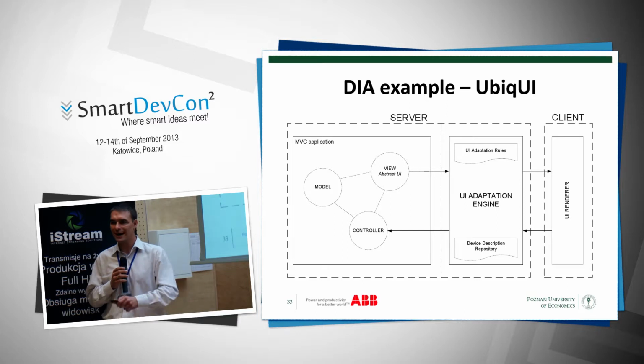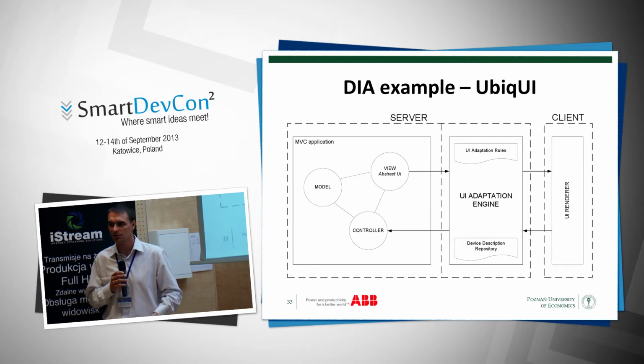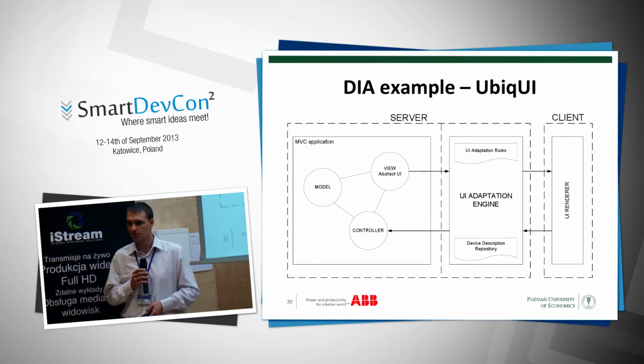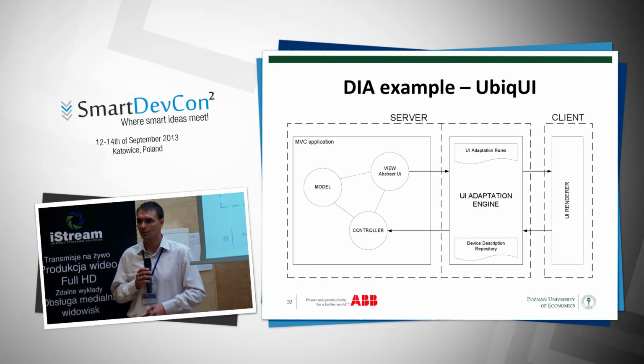You have to either ask the device directly, or you have to constantly update the repository about different devices that can be used. In the context of this project, it was enough to simply update the repository, because the range of devices that can be used with this system is limited. But otherwise, it would be necessary to ask the device for its parameters.